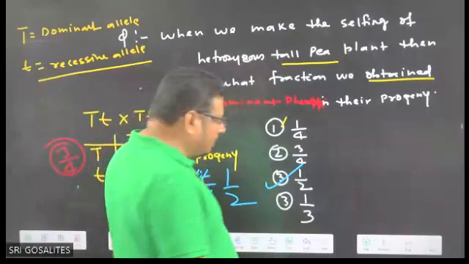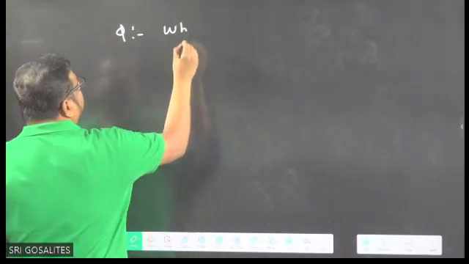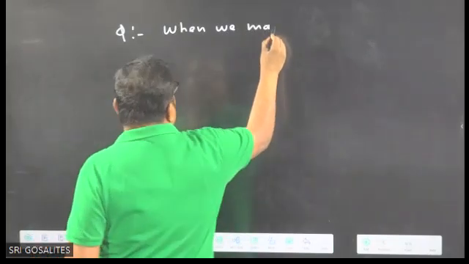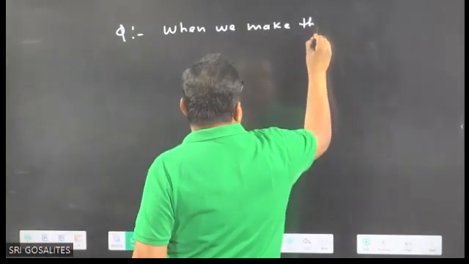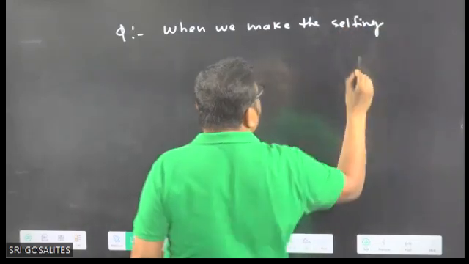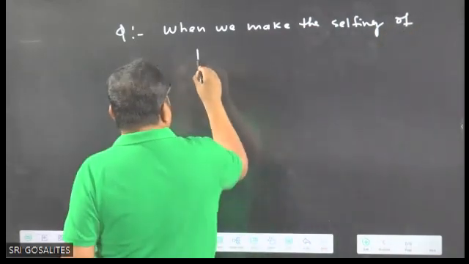Okay, just have a look. Next question. Always use your brain while answering the question. When we make the selfing of, I'm just changing a few lines in every question. Selfing of, same question, see I'm writing.